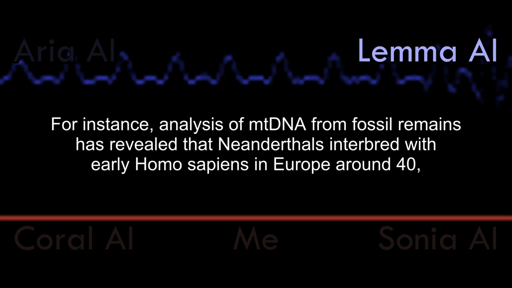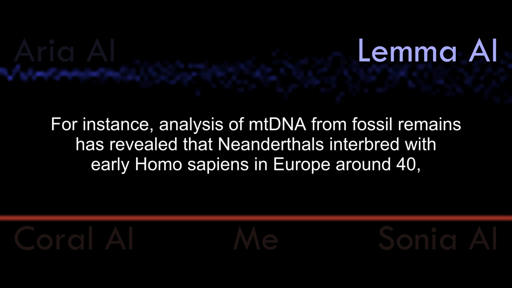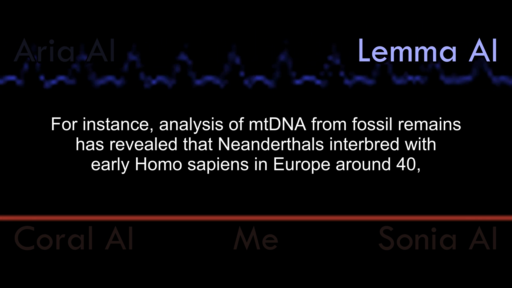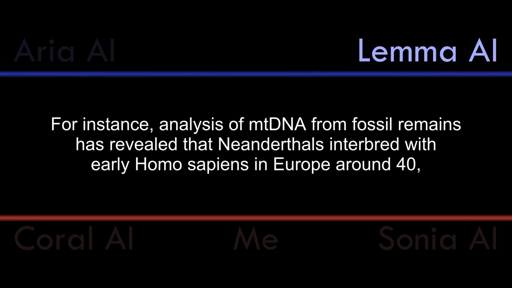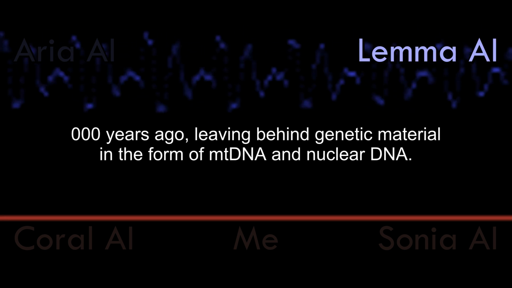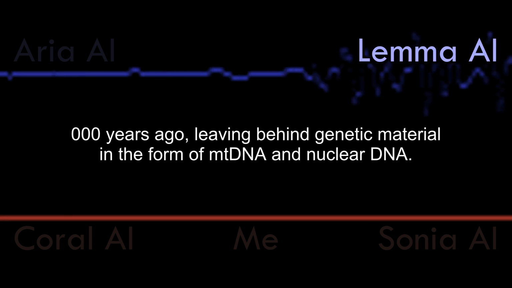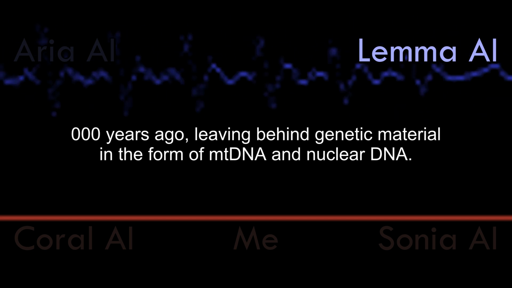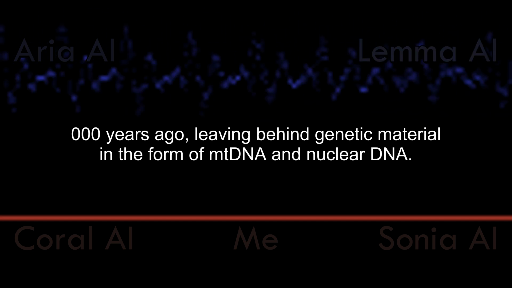For instance, analysis of mtDNA from fossil remains has revealed that Neanderthals interbred with early Homo sapiens in Europe around 40,000 years ago, leaving behind genetic material in the form of mtDNA and nuclear DNA.